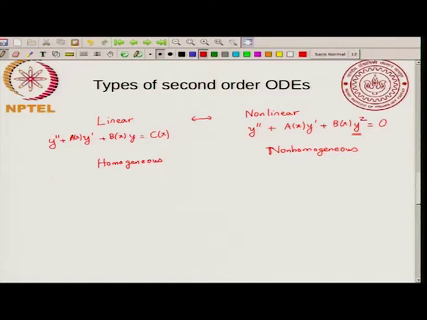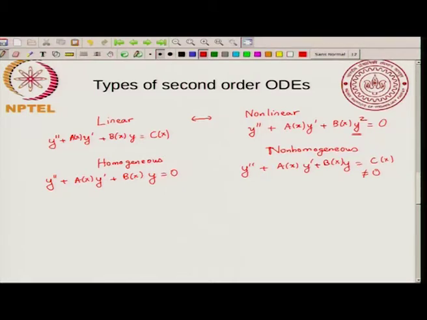The homogeneous one is given by y double prime plus a of x y prime plus b of x y equal to 0, or c equal to 0, and in the non-homogeneous case you have y double prime plus a of x y prime plus b of x y equal to c of x not equal to 0. So these are the typical types of second order differential equations that we will encounter.